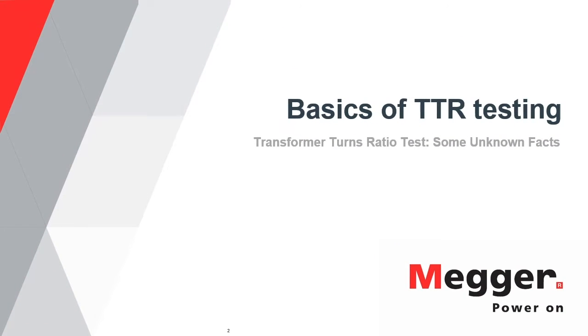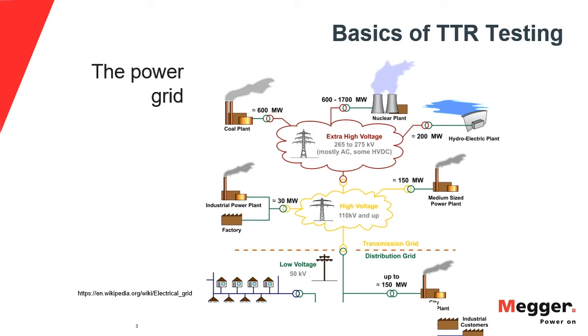So going right into it, starting with the basic concepts of the test, first, we need to understand why this measurement is important. As you see in the slide, I wanted to first show the importance of a transformer in the power grid system.